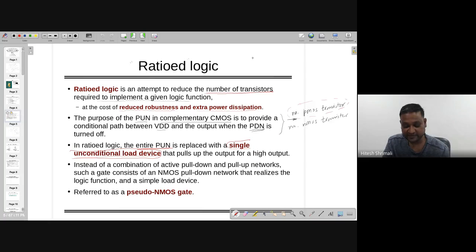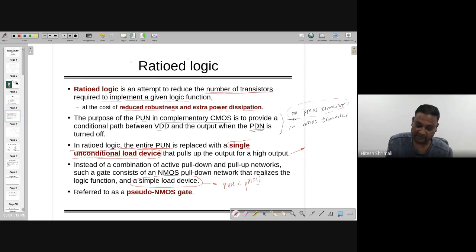So here we are saying that the entire PUN, power up network, will be replaced with a single unconditional load device that pulls the output high. That is what we are going to do in this particular technique. Instead of a combination of active pull down and pull up networks, it consists of an NMOS pull down that realizes the logic function and a simple load device, which replaces the power up network that was implemented with PMOS devices.